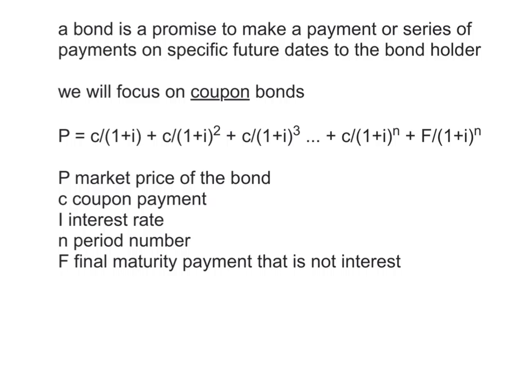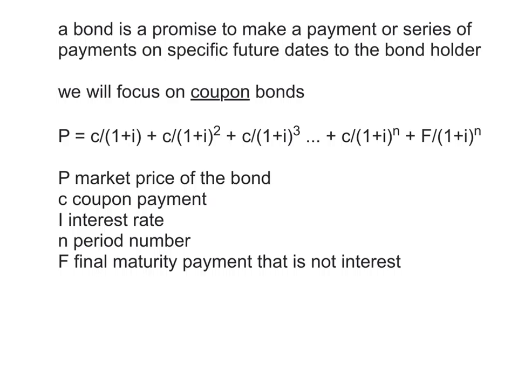All of the future payments are discounted appropriately by raising 1 plus I to the appropriate power. Now, in theory, for a zero risk bond, the left-hand side of that equation should equal the total value of the right-hand side.